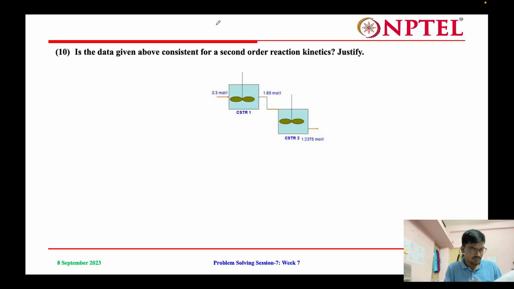So justify. For a second order reaction, the performance equation for a CSTR is K tau CA naught equal to XA divided by 1 minus XA, squared. Here are CSTR1 and CSTR2, right?